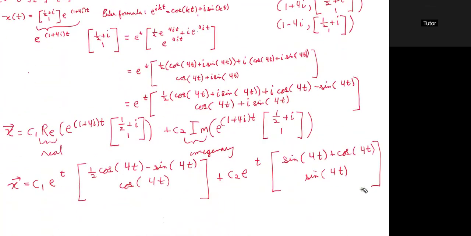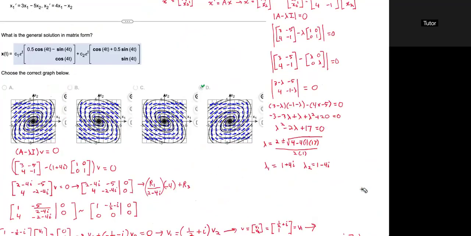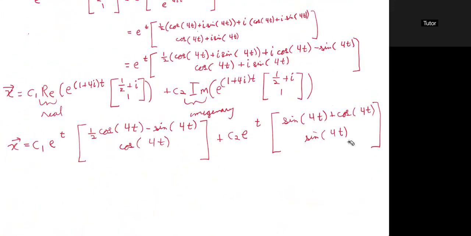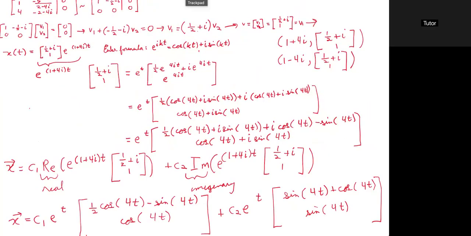And wait, actually there's one thing: there's supposed to be 1/2 in front of this cosine 4t. So where did that come from? Oh, sorry, the 1/4 comes from forgetting to distribute this into the parentheses.